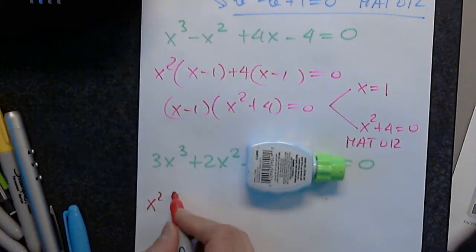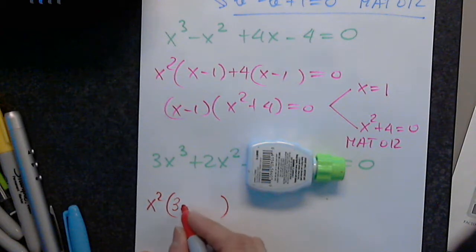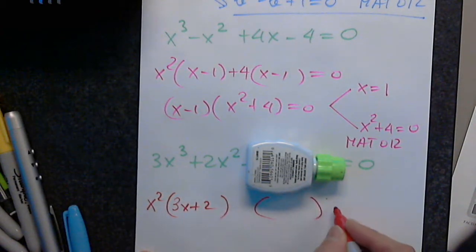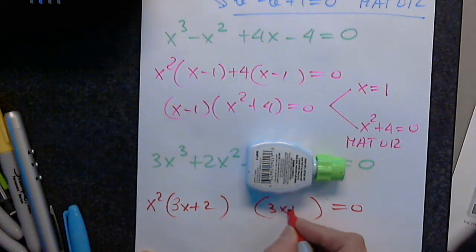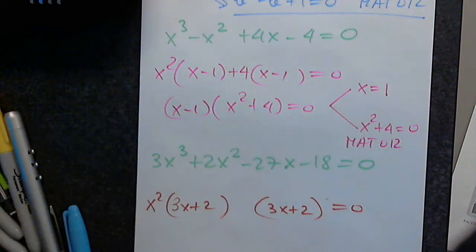Just x squared, yes. Is that clear? Yes? So what is left? 3. Yes? Good. If I don't get a 3x plus 2 from the other two and write the equal symbol and 0, I may not be able to solve. I need a symbol and a factor.